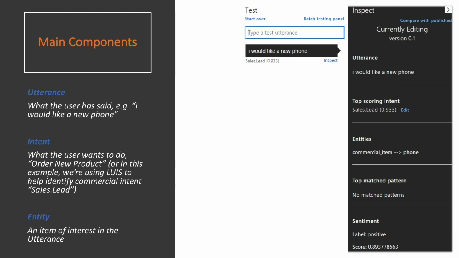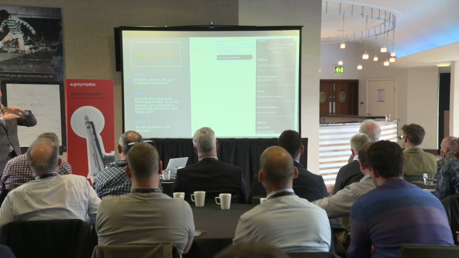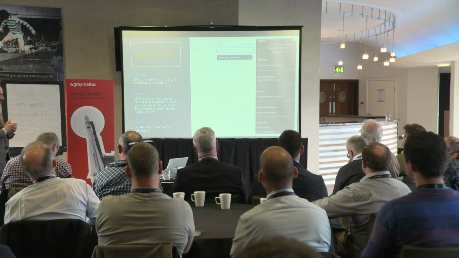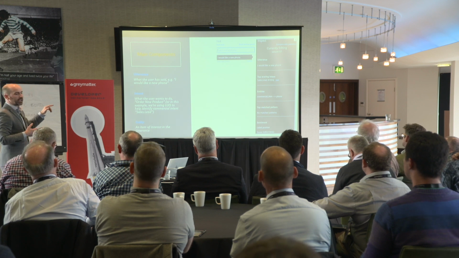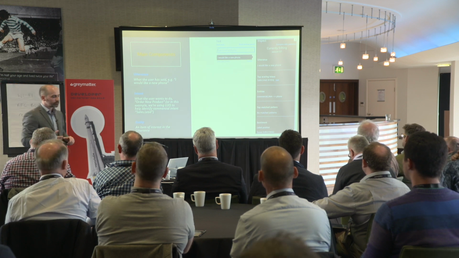The entity says commercial item because that's what I'm interested in capturing. You can also activate a sentiment feature, so you can add that other layer of intelligence if you want to. So those are the key points: utterance, intent, and entity.